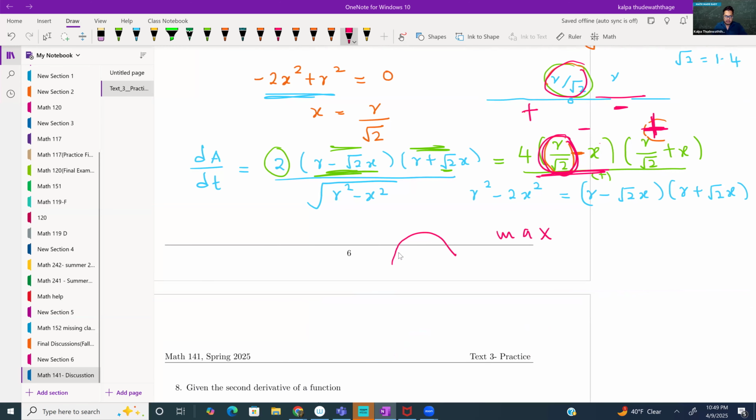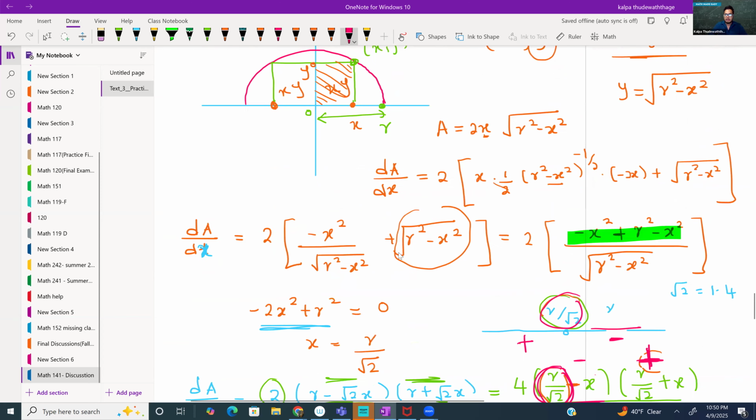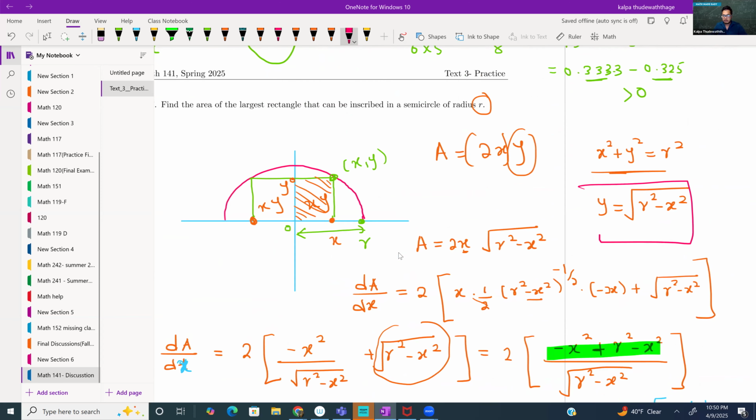So the maximum area is 2xy. I found x, which is r over root 2, but I have to find y. How do I find y? Using this formula, I can plug in my r to the power 2. X is r over root 2.